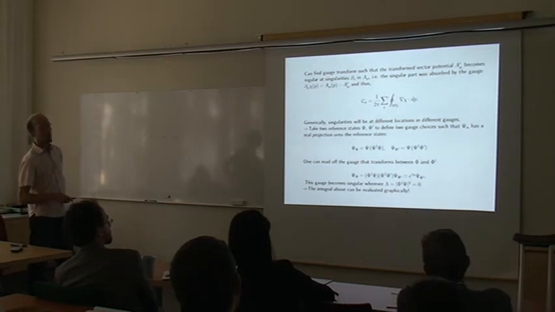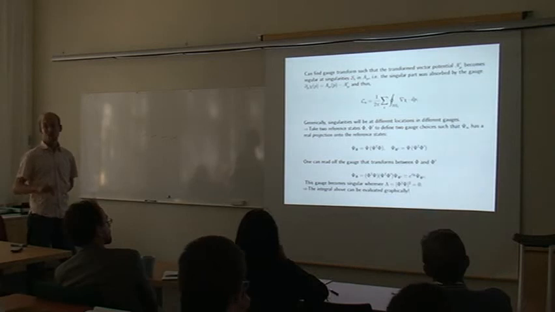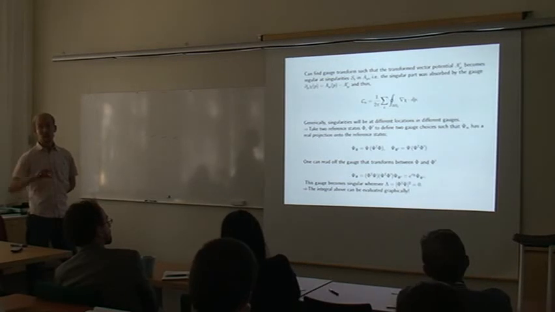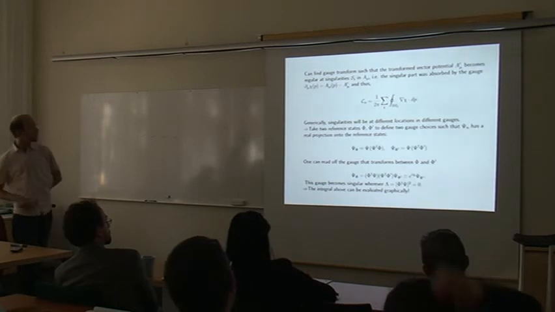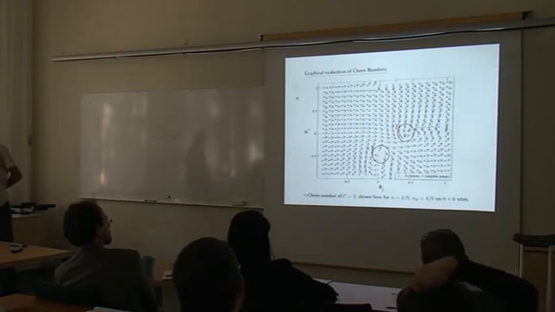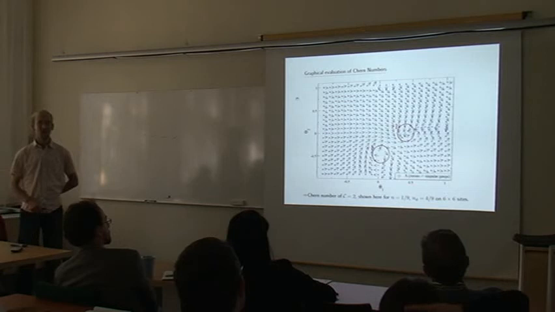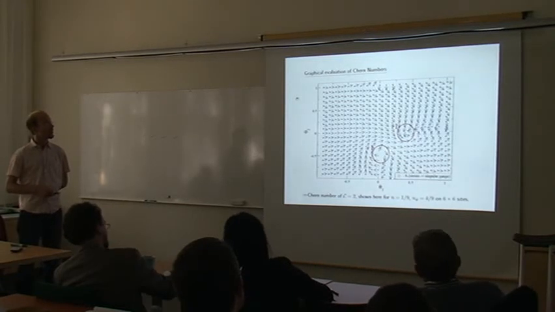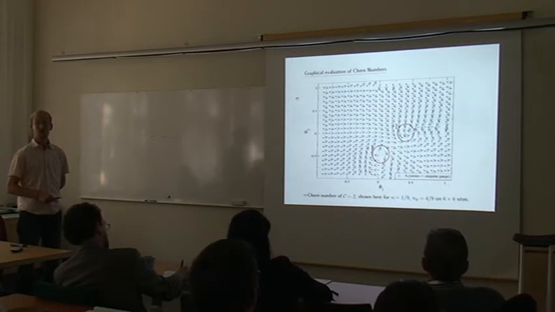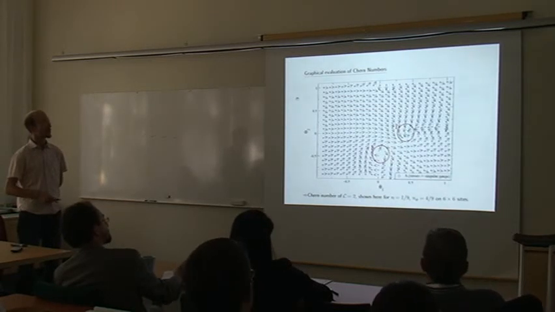And now basically you search for the gauge transformation that would bring one state into the other. So that defines a gauge. And now you just go ahead and plot this gauge as a function of your twisted boundary conditions, and you see that this is a vector field which in most places is just regular, and then there are a few single vortices which you can just see. And so you say, well, that's a vortex, and that's a vortex.